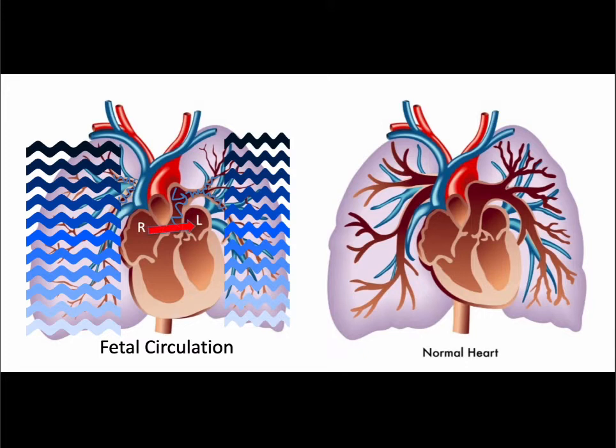You'll have a right to left shunt through a patent foramen ovale. You have a right to left shunt through a patent ductus arteriosus, and that in turn will cause a physiologic right ventricular hypertrophy. So you'll see mild cardiomegaly on newborn chest X-rays.